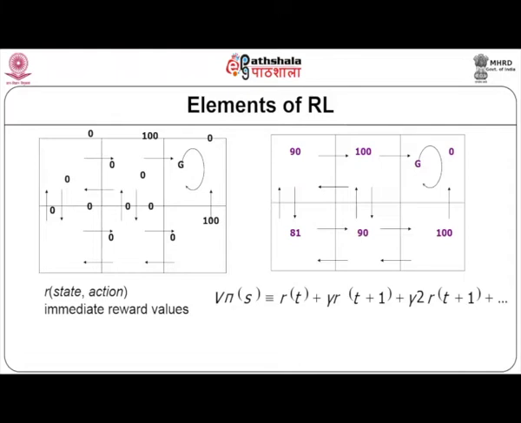The overall idea is that the value of pi of s is equal to r t plus gamma times r t plus 1, plus gamma squared times r t plus 2, and so on. Each and every time, whatever rewards you get, all that together should give you a good value. The value function maps the states to the state values: for each state, what is the value.